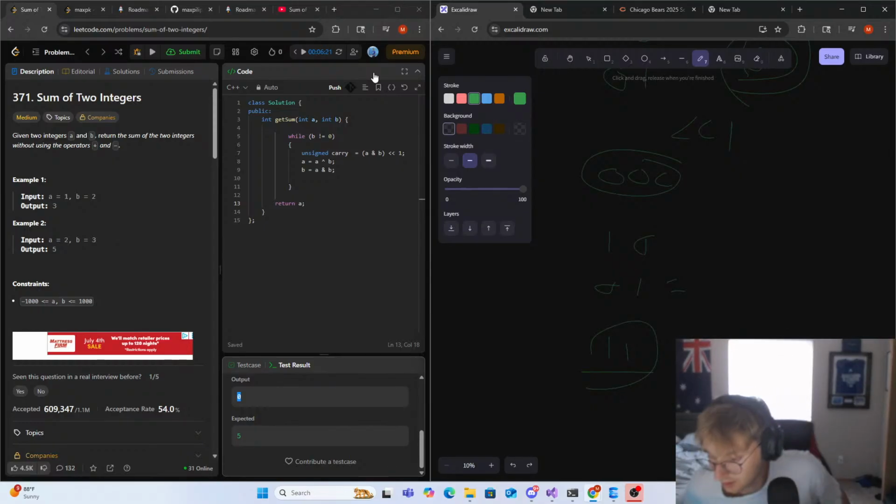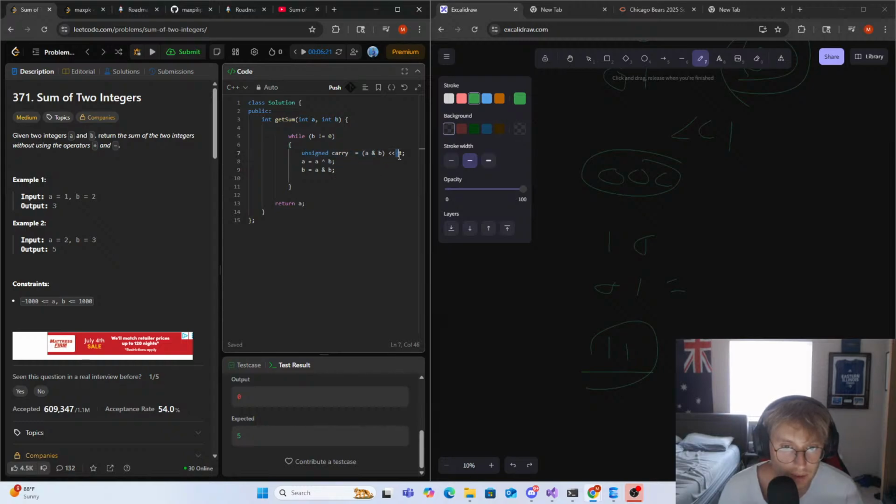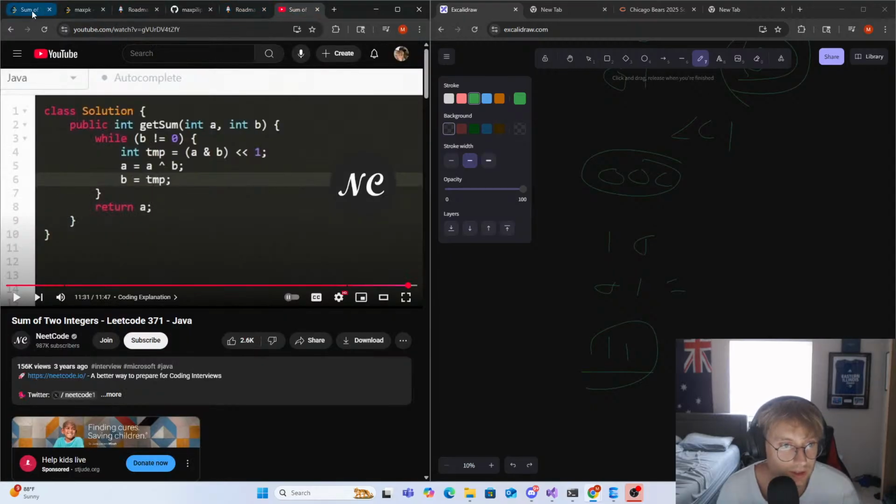Okay, I'm back. Gotta figure out what we are doing wrong here. So we got our carry here, A and B with a bit shift left. A or B, B is equal to A and B. So I feel like that's the same thing he's doing here.